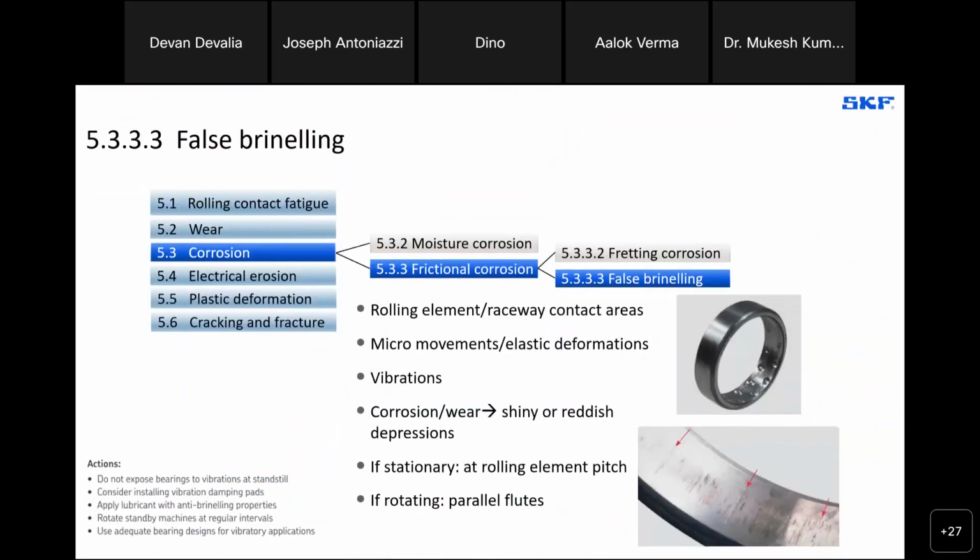False Brinelling, and I see I'm pushing it time-wise here, so I'm going to speed up a little. False Brinelling is basically where we have vibration that causes the rolling elements to bounce, either in the bearing while it's stationary or rotating.